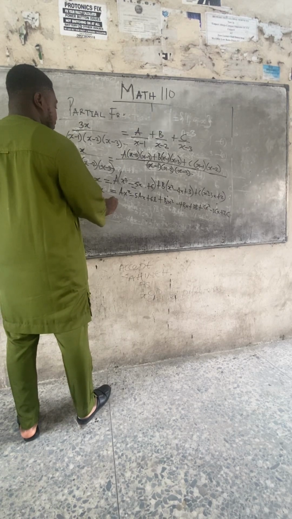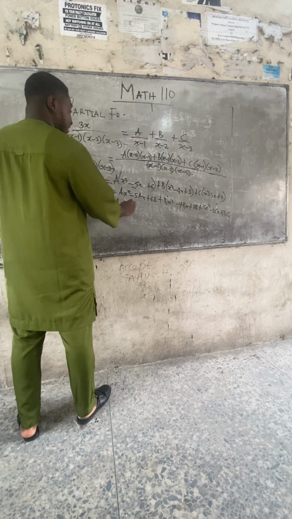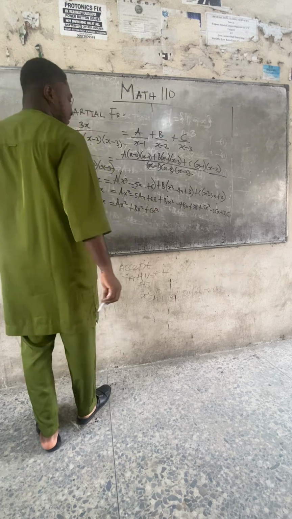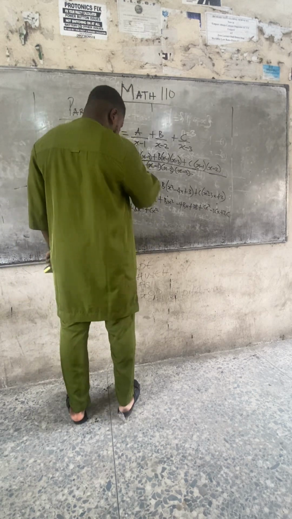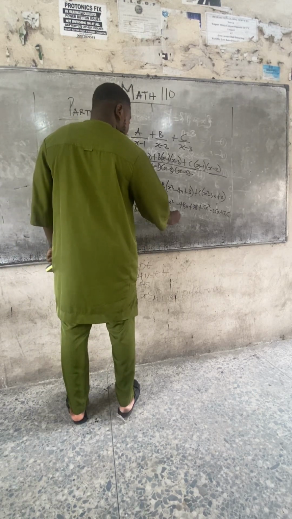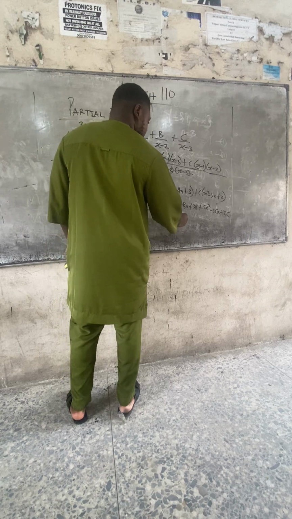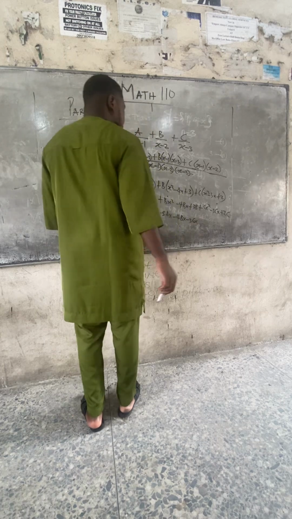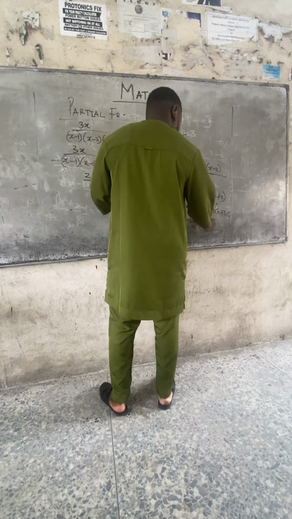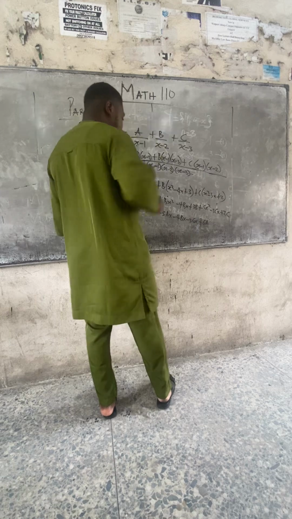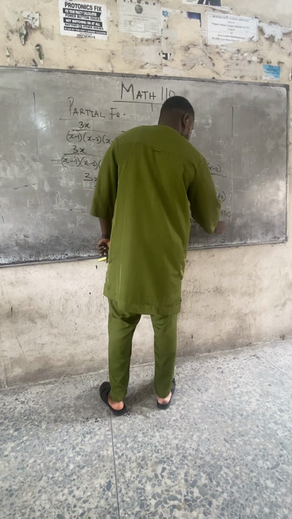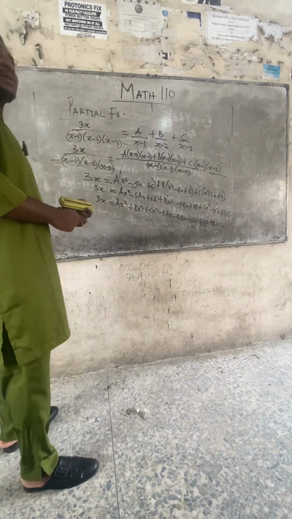Collect like terms. 3x equals those that have x squared first: ax squared plus bx squared plus cx squared. Those that have x: minus 5a minus 4b minus 3c. Those that don't have x at all: plus 6a plus 3b plus 2c.